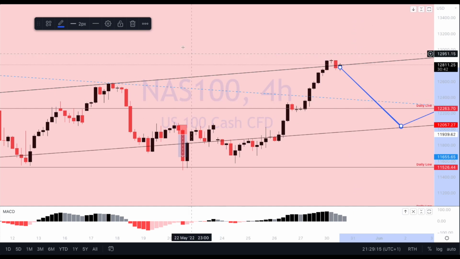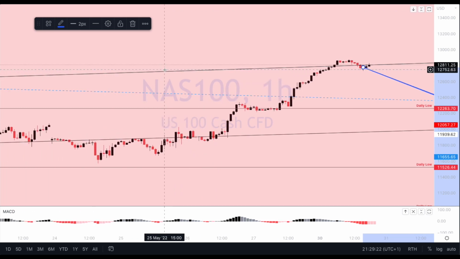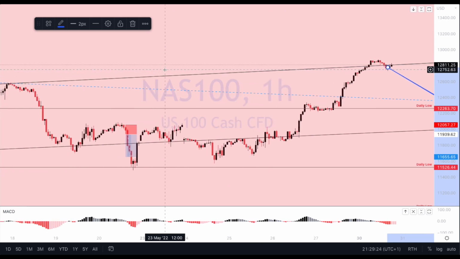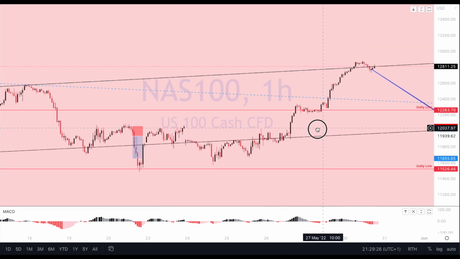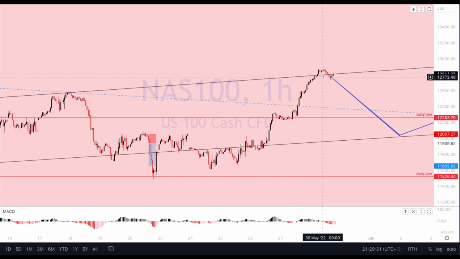Where I would normally find such a confirmation would be on a lower time frame, right? All I'm looking for is a break of structure to tell me that I can now join this trend on the downside, and at the moment it hasn't confirmed itself that this is a downtrend.